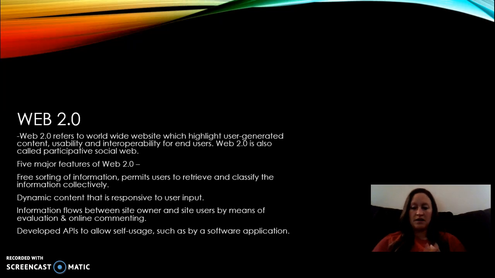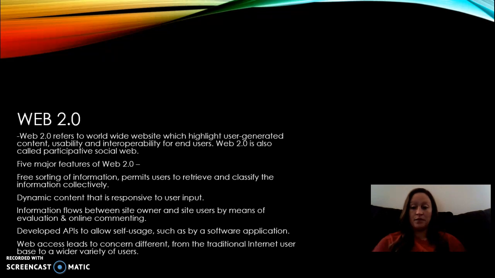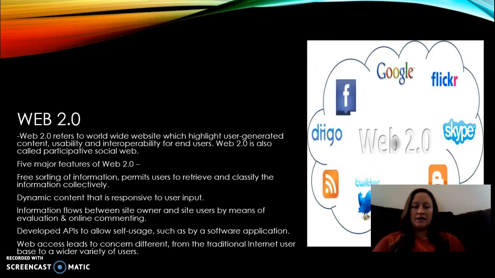There are developed APIs to allow self-usage, such as by software applications. And there's web-based access that leads to concerns different from the traditional internet user, based on a wider variety of users. And Web 2.0 in a nutshell is just things like Google, Flickr, Skype, YouTube, Twitter, Facebook, anything like that where you can be social or interact with other people.